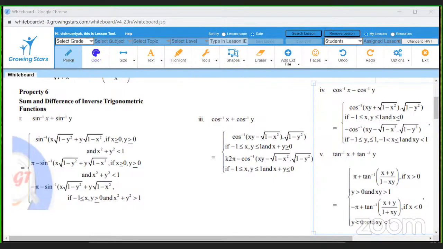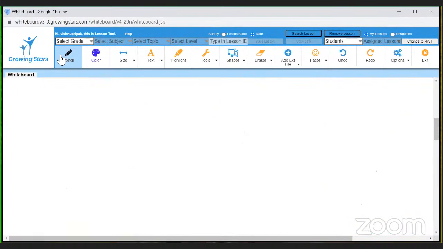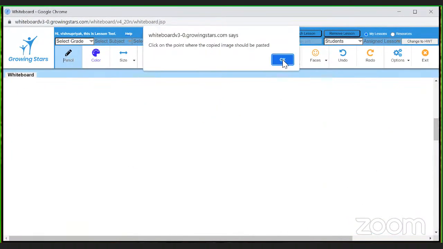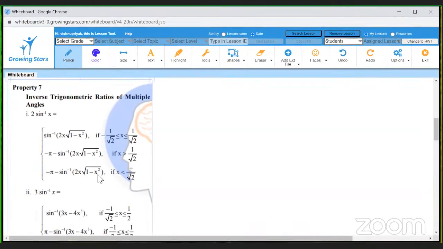Okay, so I will give you the next set of formulas. You can see how many properties are there.